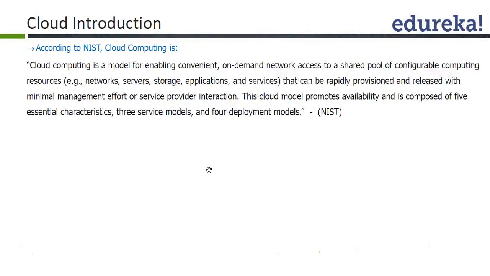NIST, the National Institute of Standards and Technology, says cloud computing is a model for enabling convenient on-demand network access to a shared pool of configurable computing resources that can be rapidly provisioned and released with minimal management effort or service provider interaction. This cloud model promotes availability and is composed of 5 essential characteristics, 3 service models and 4 deployment models. Now, does it make more sense?